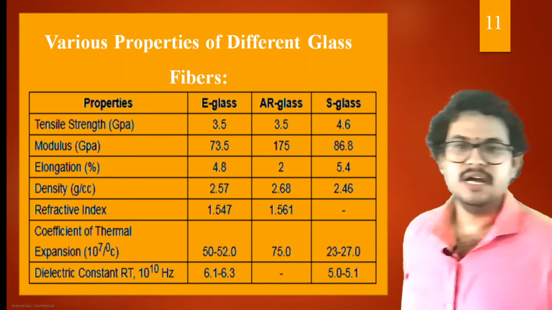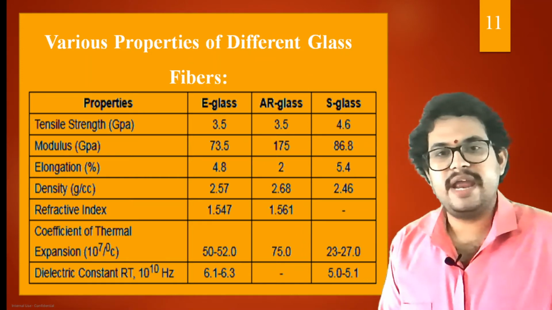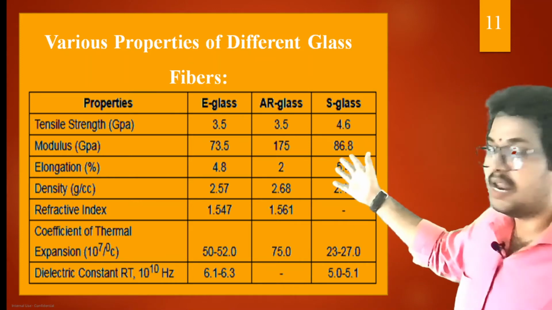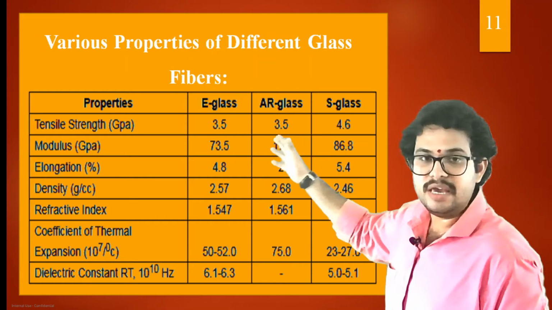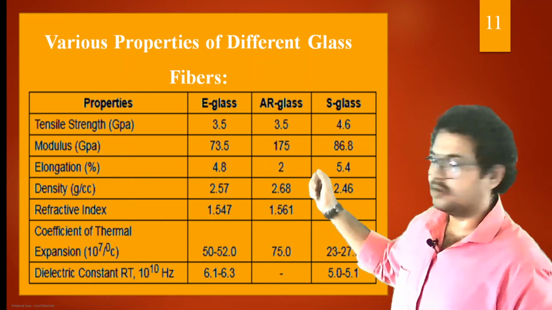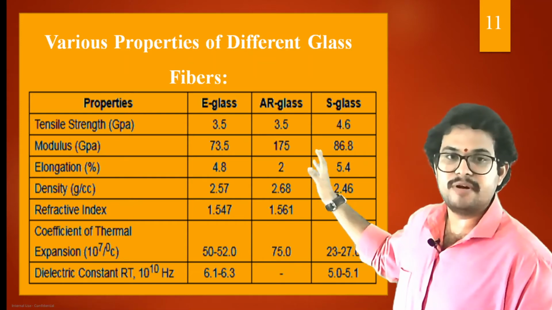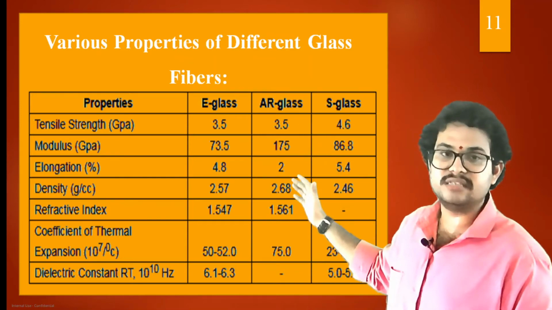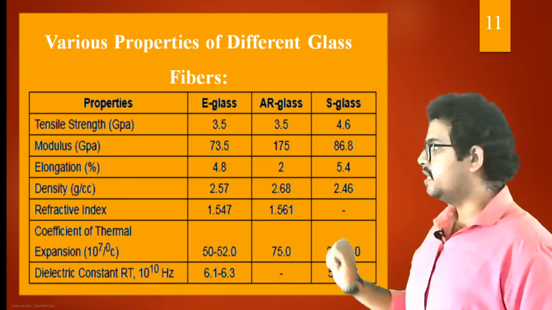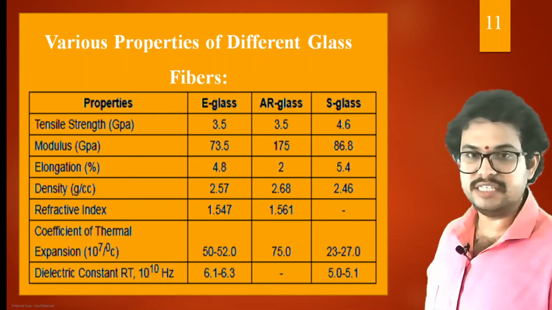Okay, next, modulus. Modulus is also measured in gigapascals, and you can observe the values of E glass being 73.5 gigapascals and AR glass being 175 gigapascals. But when you come to S glass, the high performance type has a bit less modulus, limited to 86.8 gigapascals. Next, the third property, elongation, in terms of percentages.